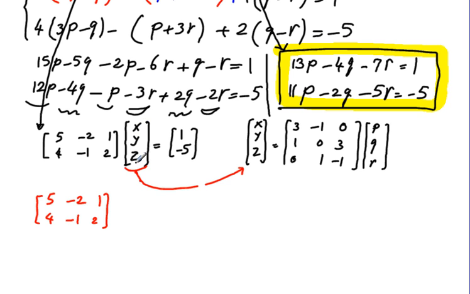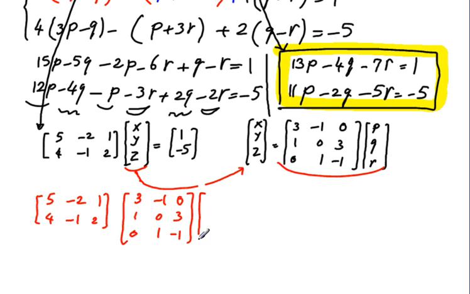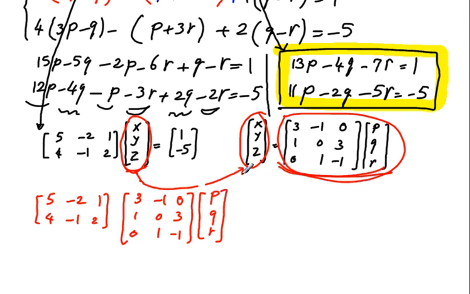Instead of x, y, z, I write all of that: 3, minus 1, 0, 1, 0, 3, 0, 1, minus 1 times p, q, r. Is that right? This is all of that. So I just substituted. This is a different kind of substitution than what you have seen in high school, but it's still substitution. You're taking this out and replacing it by all of this, which is the same thing.